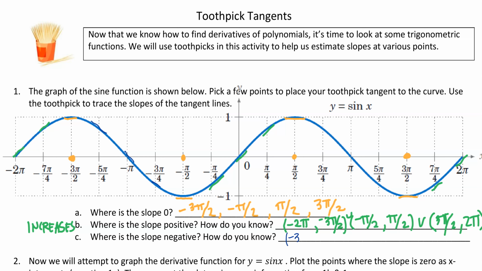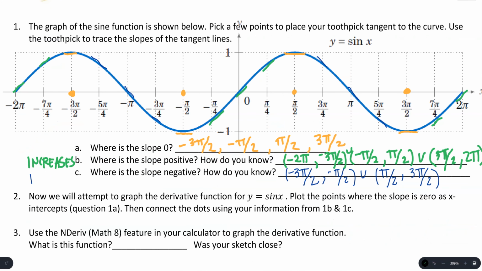So negative 3 pi over 2 to negative pi over 2, and then from pi over 2 to 3 pi over 2. And how do I know that? It's decreasing. Good deal.